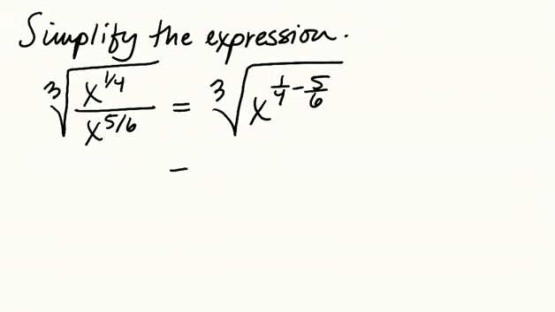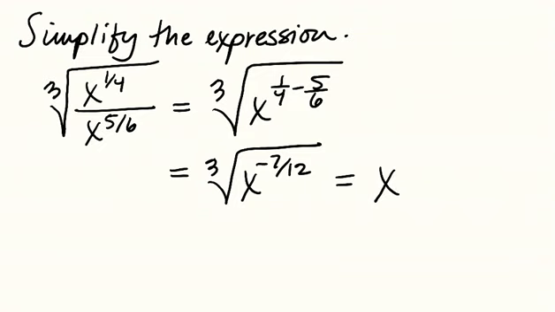So when I put those together, I'm taking this third root of x to the negative 7/12. Now, I know that the third root is the 1/3 power. 7 and 3 don't have any common factors, so this is going to be x to the negative 7 divided by 36. Yeah, that is certainly different.